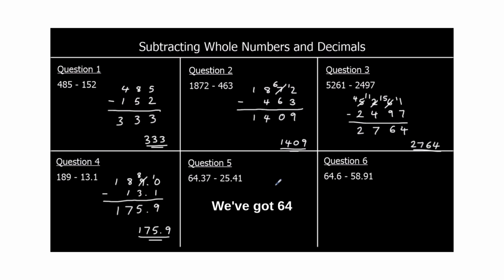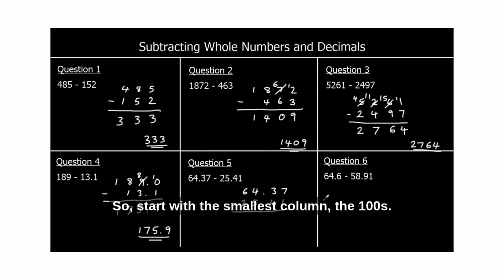Question 5. We've got 64.37 take away 25.41. So start with the smallest column, the hundredths. 7 take away 1 is 6. The tenths, I don't want to do 3 take away 4, so I'll steal one of the ones, which would be 10 in the tenths. 13 take away 4 is 9.